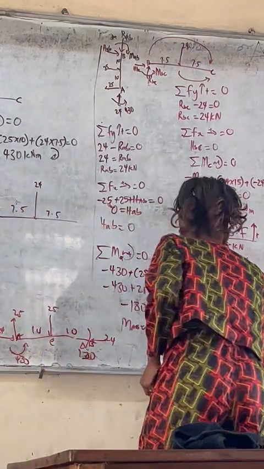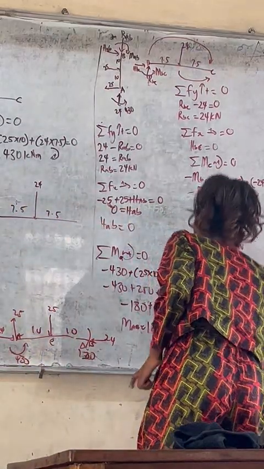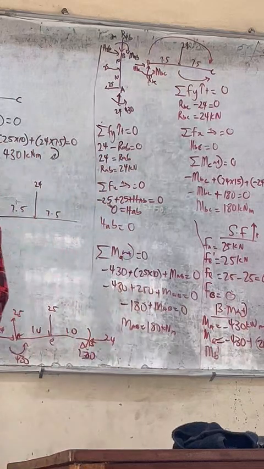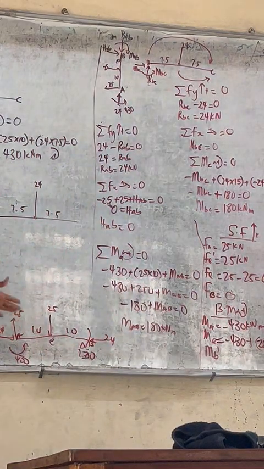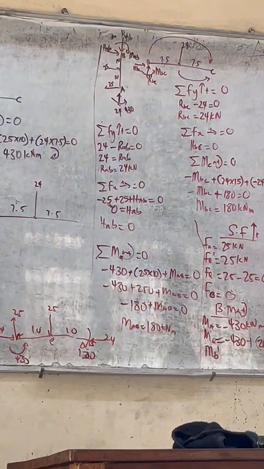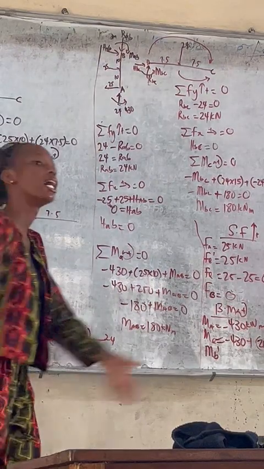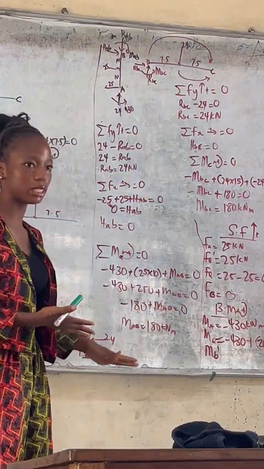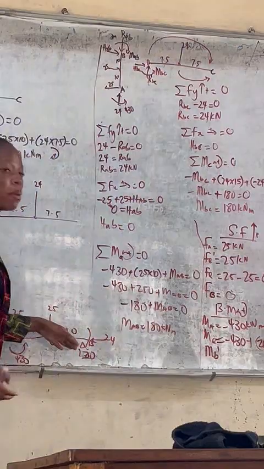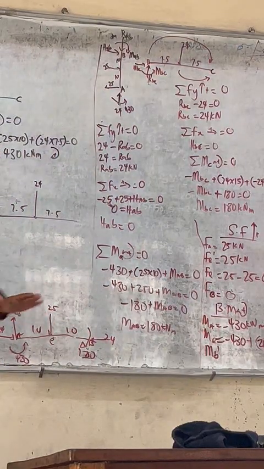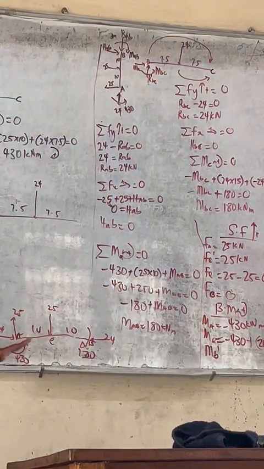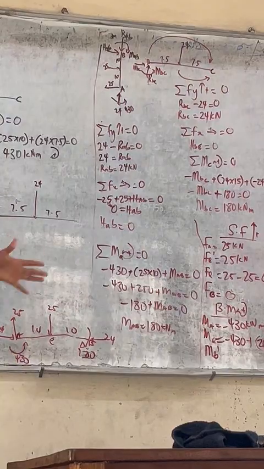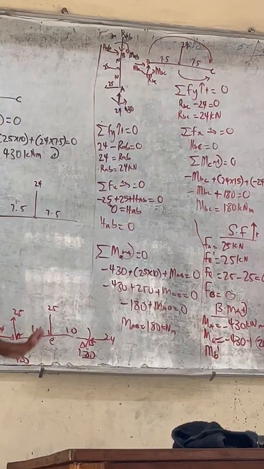So now, if we do MB prime, why are we doing MB prime? We are doing MB prime because there is a moment at B. You can't just consider MB directly. Why? Because there's a moment at B. You have to treat it specially.